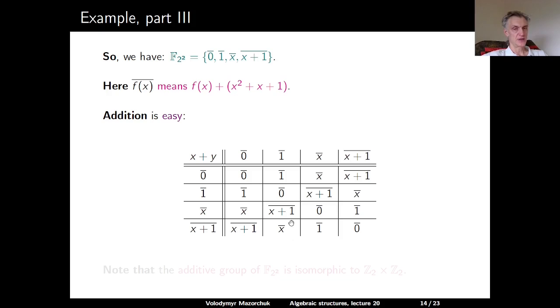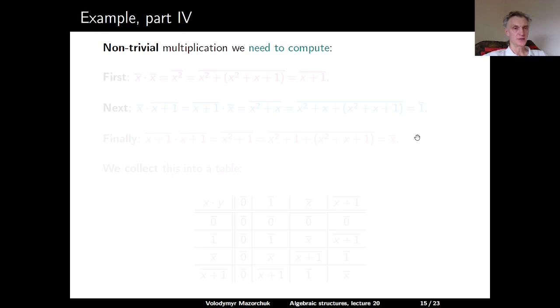And similarly in the other order. x plus x is 0, x plus x plus 1 is 1, and finally x plus 1 plus x plus 1 is 0. And so we see that the additive group of our field with 4 elements is isomorphic to Z2 times Z2.